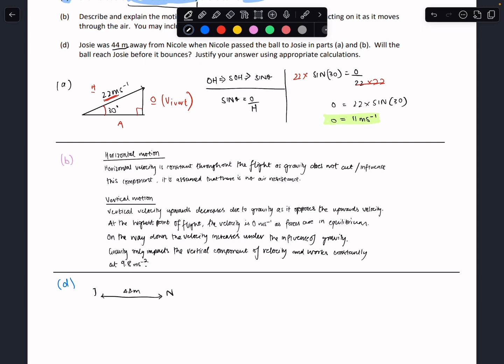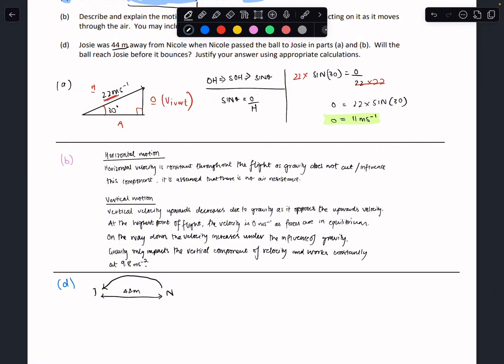So we want to figure out if the ball that Nicole is passing is going to reach Josie. Oh my goodness, I have mucked up the story. So Josie is 44 metres away from Nicole. Nicole is the one passing the ball, my bad.